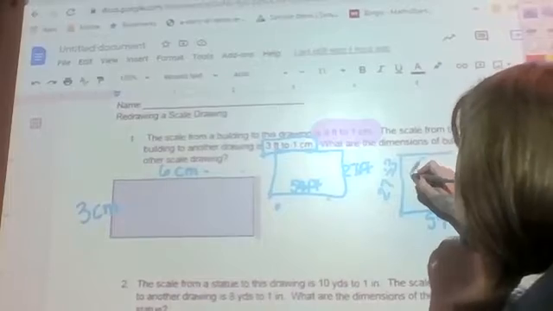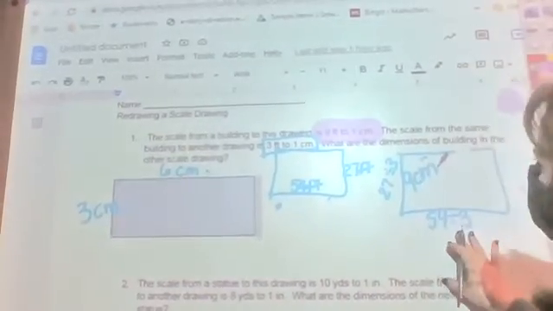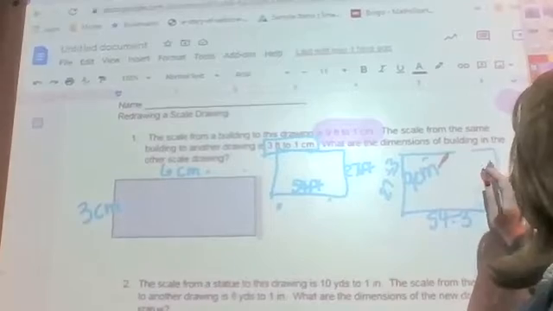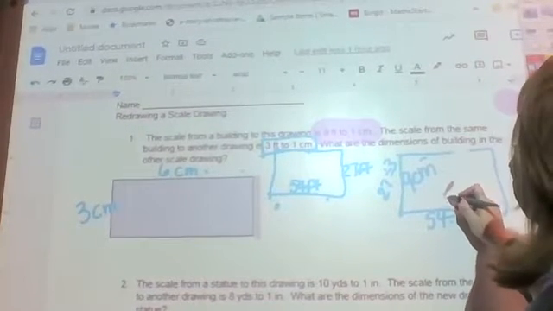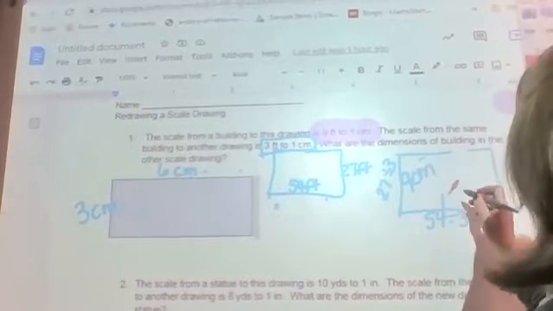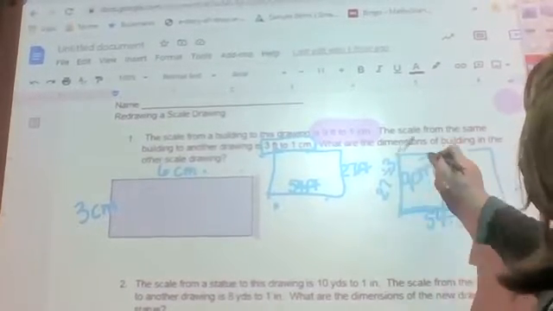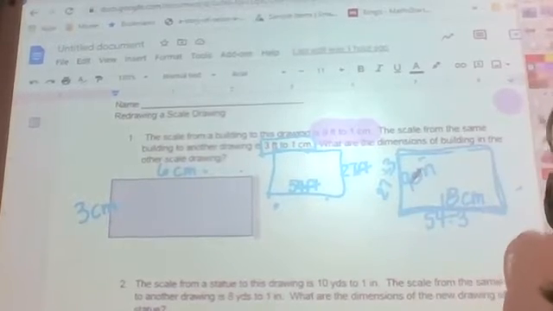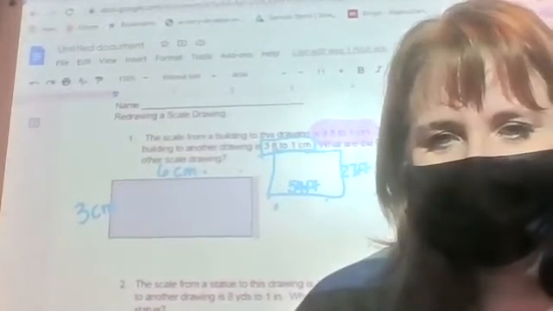So this comes out to be 9, and it's labeled in centimeters. And this side right here is going to be 54 divided by 3, which is 18 centimeters. So the dimensions of the new drawing are 9 centimeters by 18 centimeters. That's what you should have gotten for number 1.